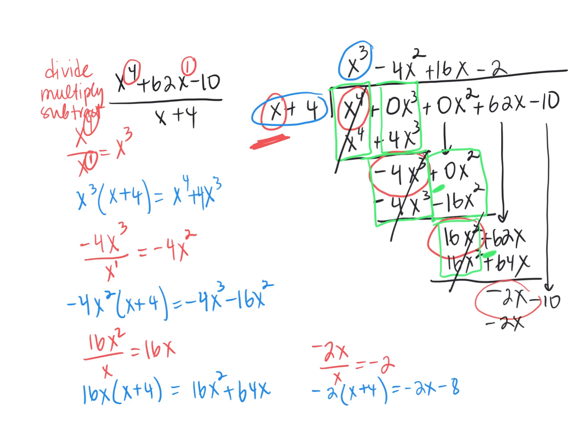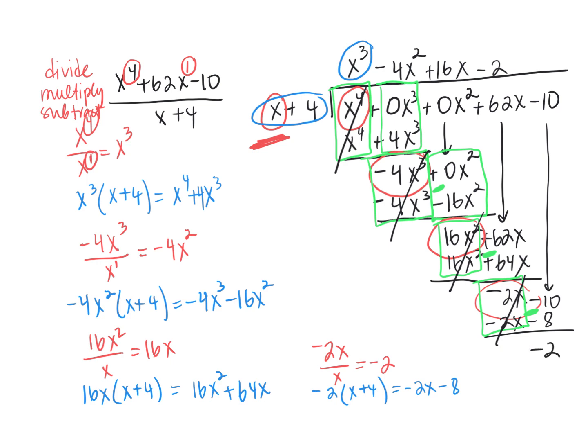Now subtraction, the negative 2x subtract a negative 2x, they cancel, and then finally negative 10 subtract negative 8, so the 8 turns positive. We have negative 10 plus 8, which is negative 2.